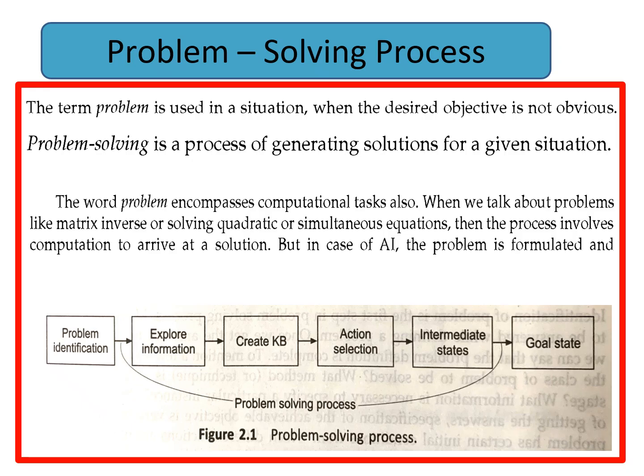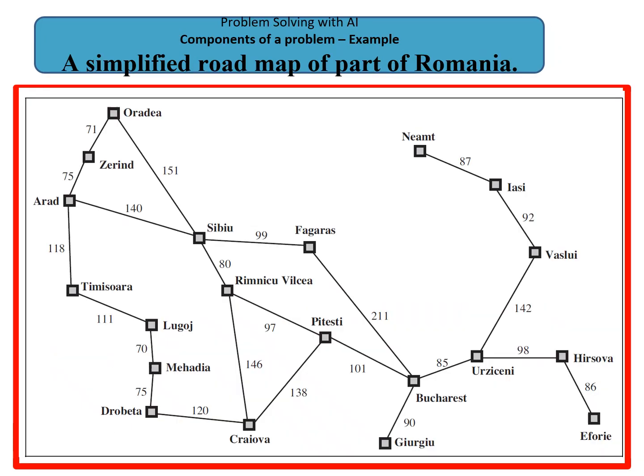Next, we move on to the next representation, a simplified roadmap of a part of Romania. This diagram is widely used in artificial intelligence to explain state space search and search algorithms like BFS, DFS, UCS, greedy search, and A star.